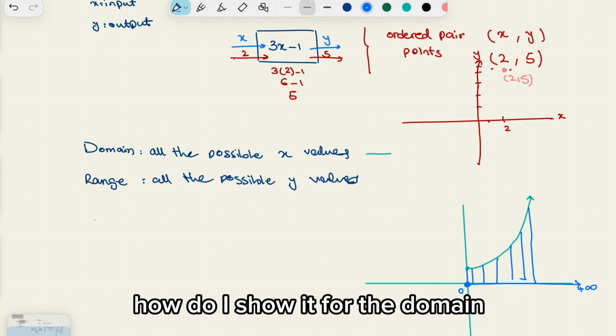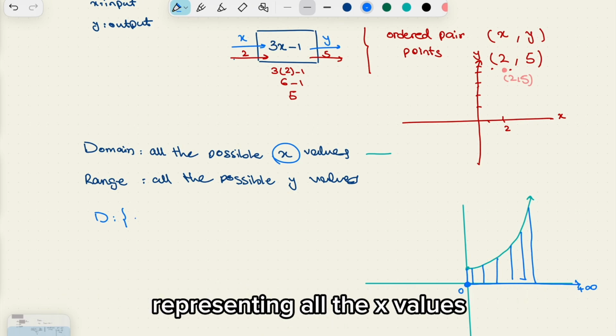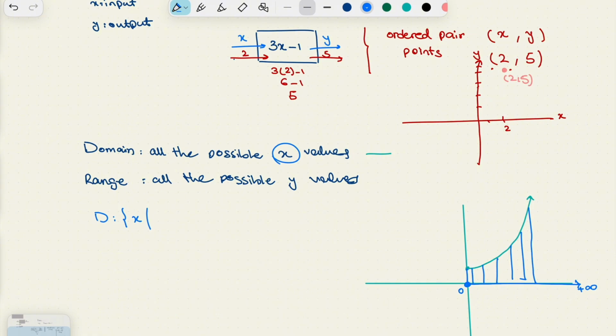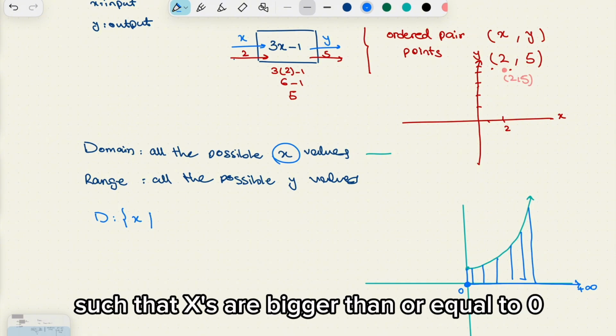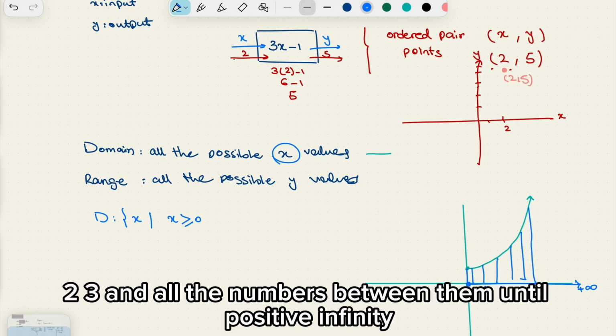How do I show it? For the domain, we have a notation because it's representing all the x values. I have to say x's such that x's are bigger than or equal to 0, because it started from 0 here and then went to 1, 2, 3, and all the numbers between them until positive infinity.